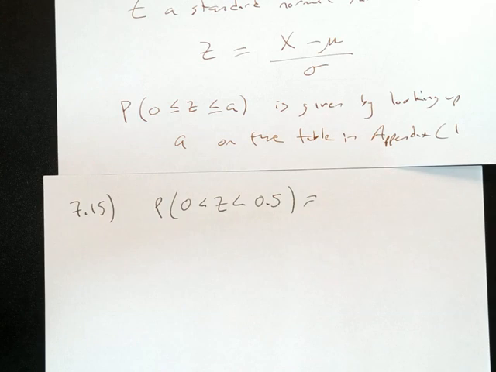I would know the chance and the 0.5. How do I find it?